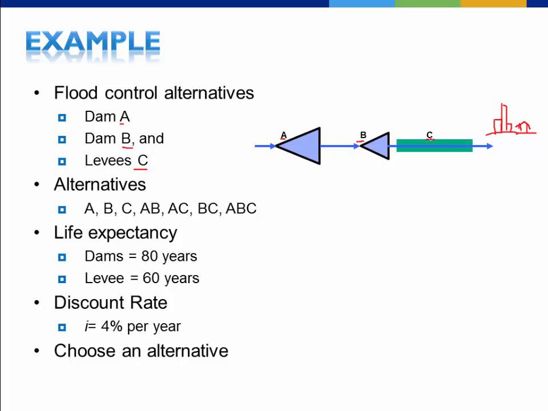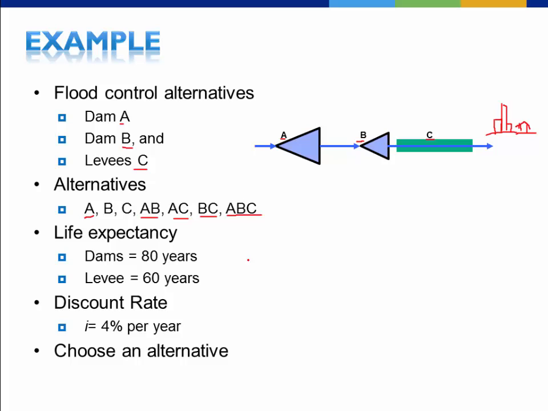In fact, what we can do is to estimate only building the big reservoir, or only building the small reservoir, or only building the levees, or building the large reservoir and the small reservoir, or building the large reservoir and the levees, or building the small reservoir and the levees, or ultimately building the three of them. So which one is the most cost effective?